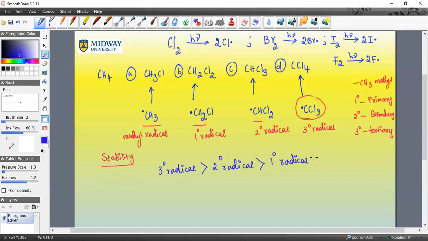We have not quite got to that. So let's work with these concepts for now, and then you've got the methyl radical. This is the order of stability. What that means is this is the most stable, and this is the least stable.